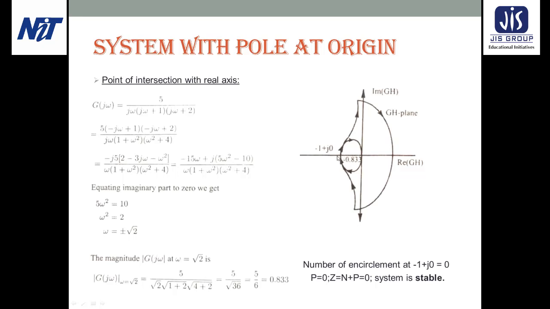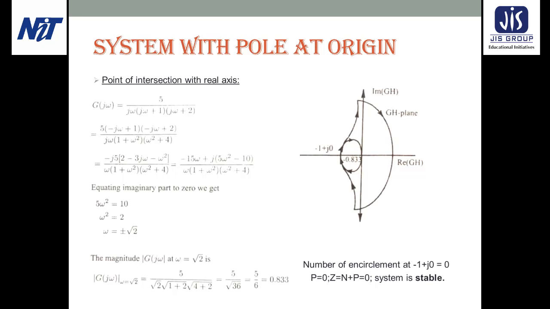Here also there is no encirclement of the minus 1 plus j0 point, so N is equal to 0, and the number of poles on the right hand side for the open loop system is also 0. So Z becomes N plus P, that is equal to 0, and the system is stable.